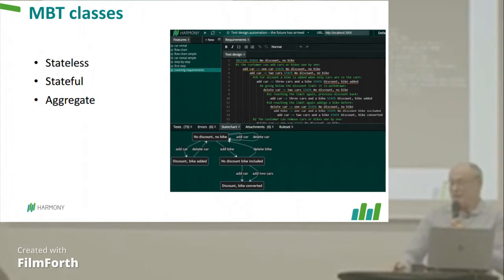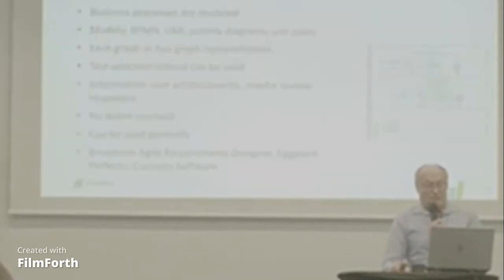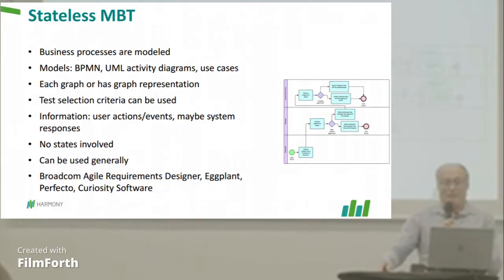There are a lot of different classifications of MBT, but my classification is very simple. There are two traditional ones, stateless and stateful, and a new one, aggregate. Let's start with stateless MBT.